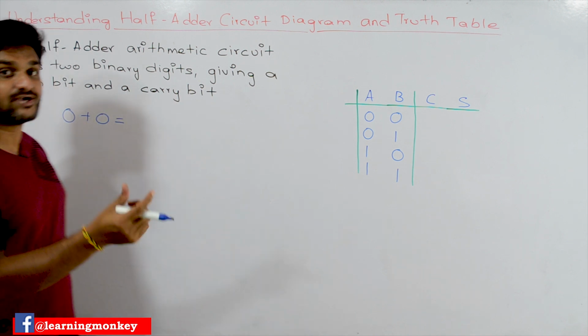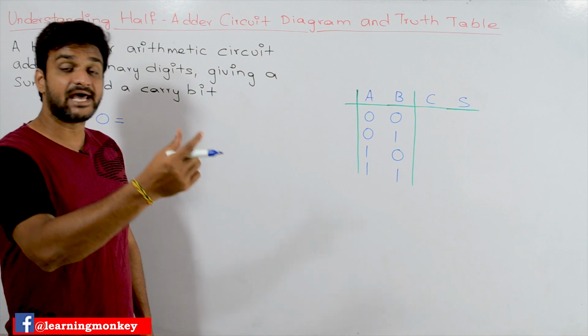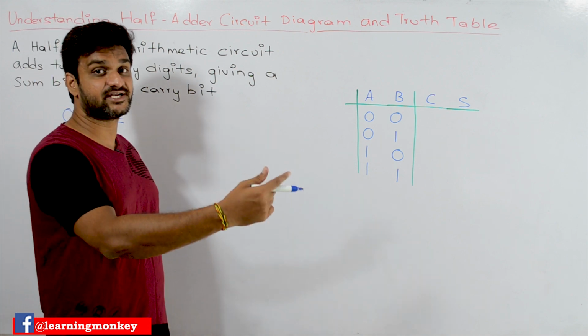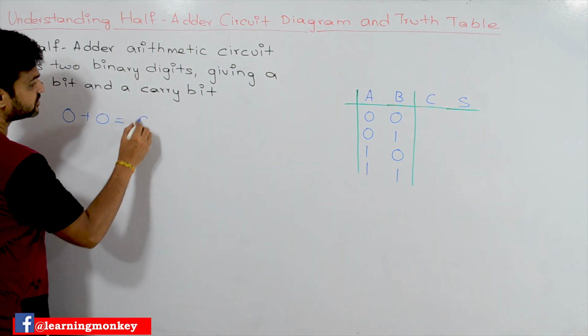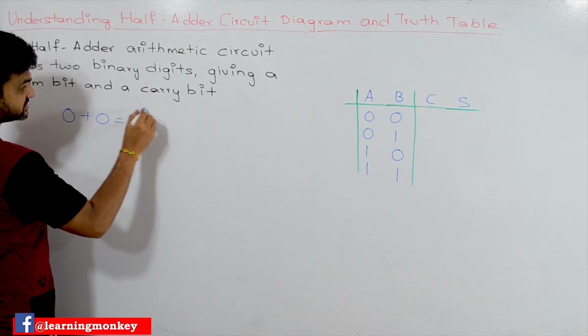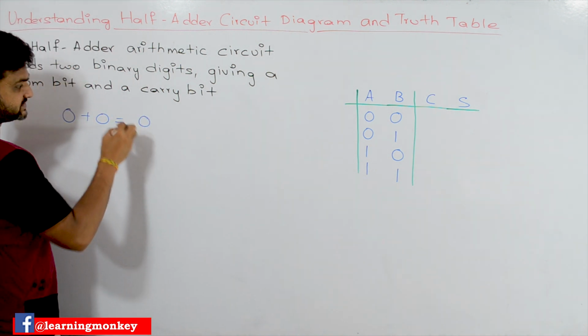When we add two binary numbers, they produce a sum bit and a carry bit. Carry bit means the extra bit that is generated after the sum. If you add 0 and 0, the sum is 0 and the carry is 0, because it does not produce any extra bit.